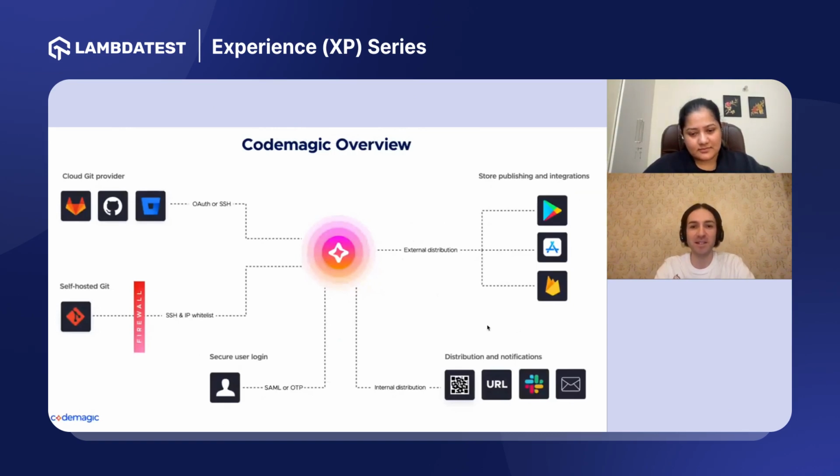Codemagic is a cloud-based continuous integration and continuous delivery platform, specifically designed for mobile applications. If you build your applications with Flutter, React Native, native Android, native iOS, Ionic, or Unity, then Codemagic can help you develop, build, and publish your applications, and even includes testing at this point.